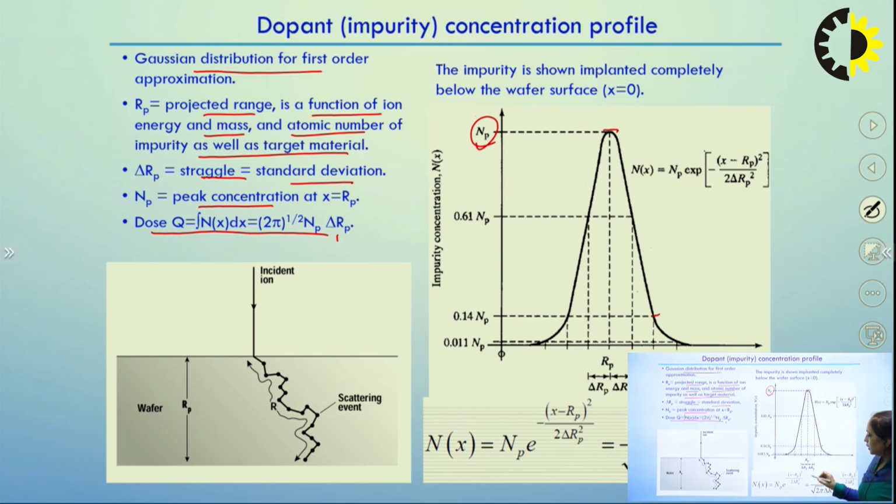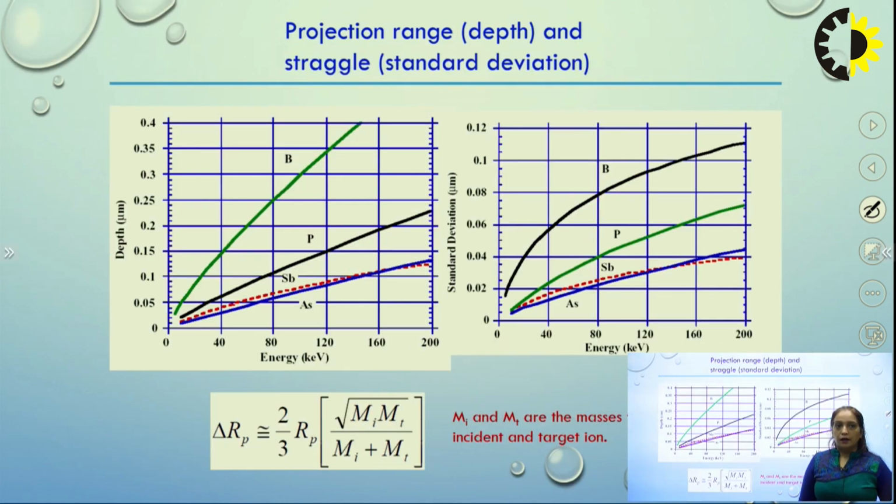Here we have the Np, and then we have some values which are given as 0.14 Np, and then we have this projected range, depth, and the straggle, the standard deviation. In the case of depth for boron, this is the actual depth when you implant the boron impurities inside the wafer, and this is the standard deviation for the boron impurities.